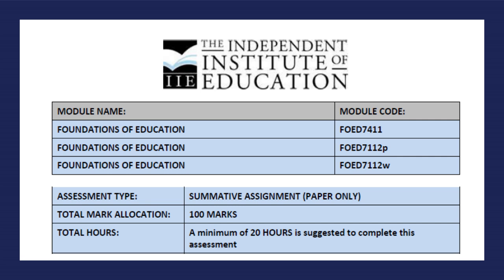This comes straight out of the PDF that has the summative assignment on it. When they tell you a minimum of 20 hours, if you're really sharp with this stuff, you could probably do it in 15, but I think the majority of students really do take about the time that they suggest.